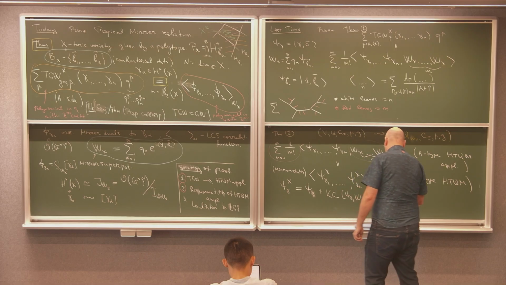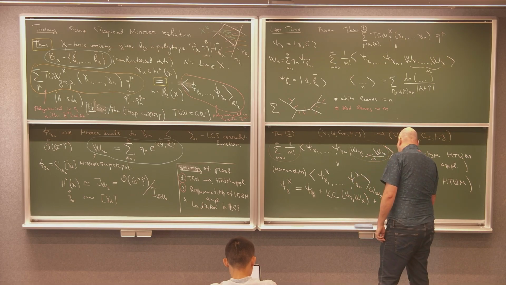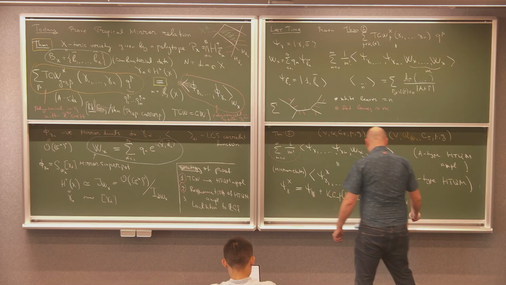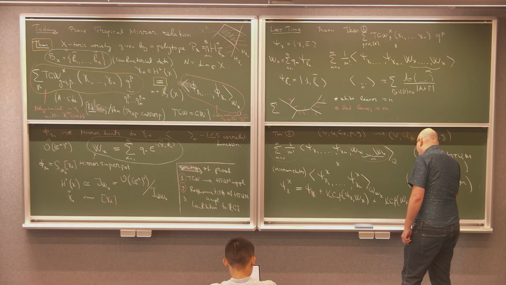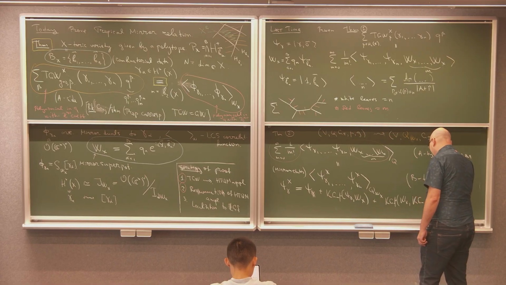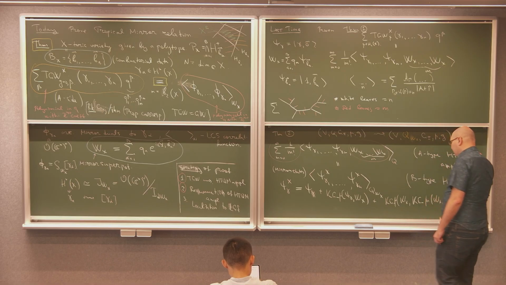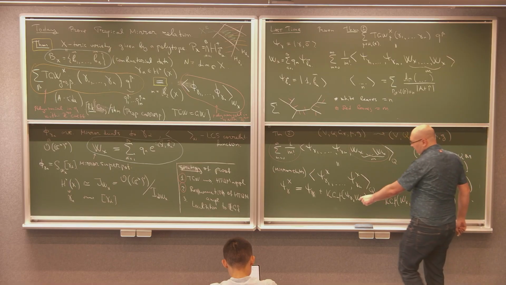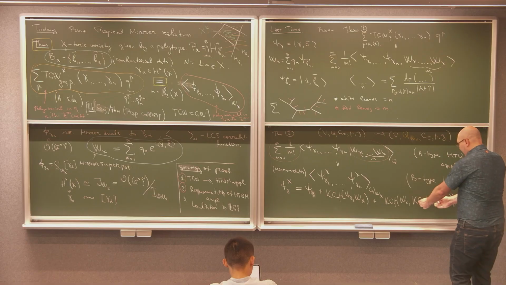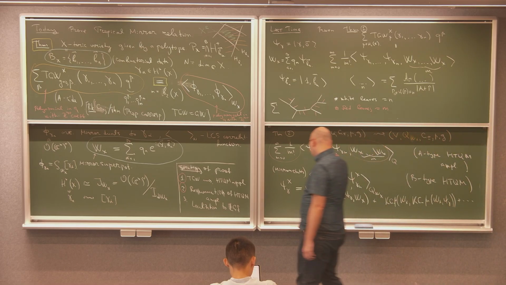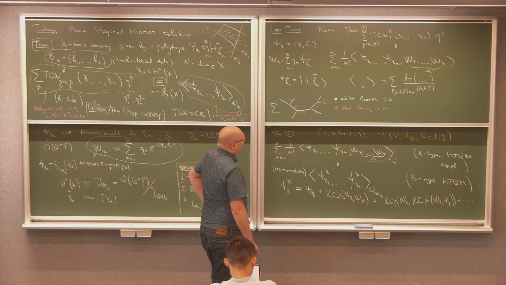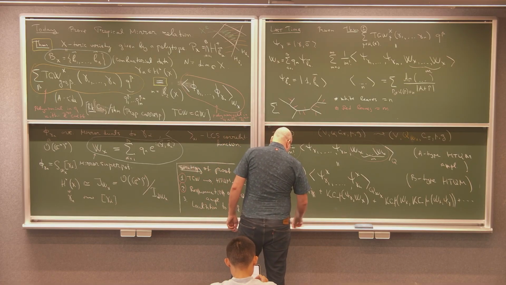So the next one will be K G minus, and here will be W x, so K G minus multiplication by W x. And here we have K G minus multiplication by W x, again applied to psi gamma, plus dot dot dot. So essentially we are dressing this state psi gamma by K G minus multiplication by W x. That is our mirror state.